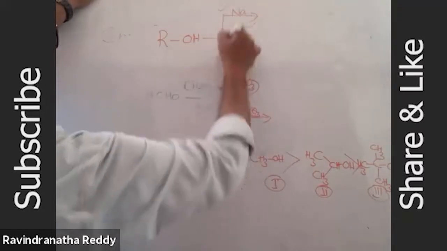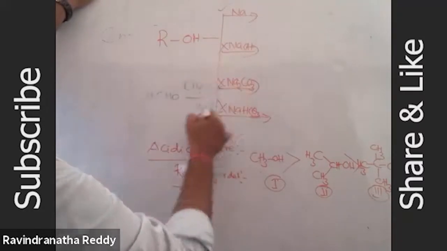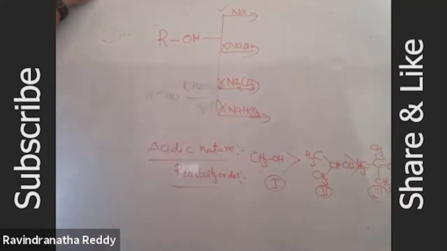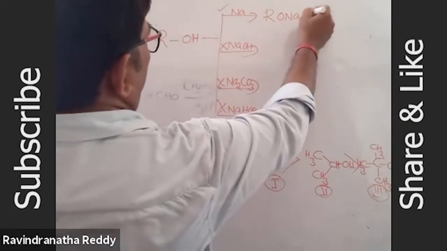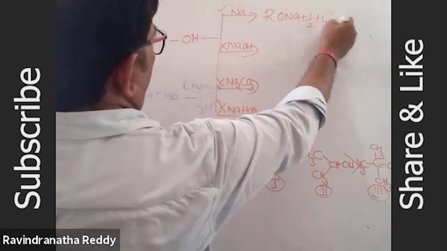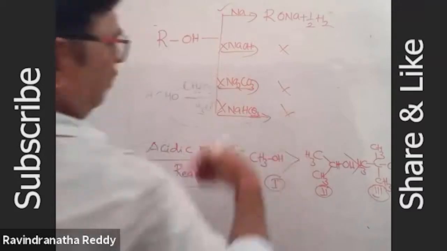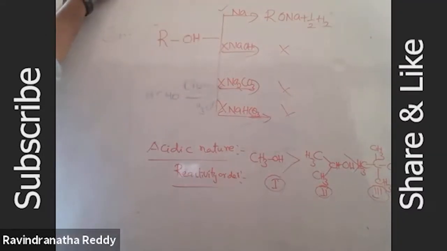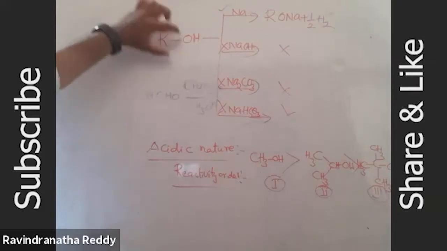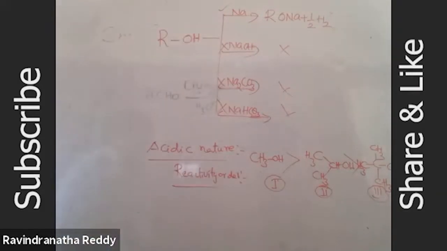With aliphatic alcohols only one is possible, not the 2nd, 3rd, 4th. So here RONa plus H2. For the next conditions, no reaction. Phenol means sodium hydroxide is also possible. Carboxylic acid means all are possible. Reason: alcohol's acidic nature is less.